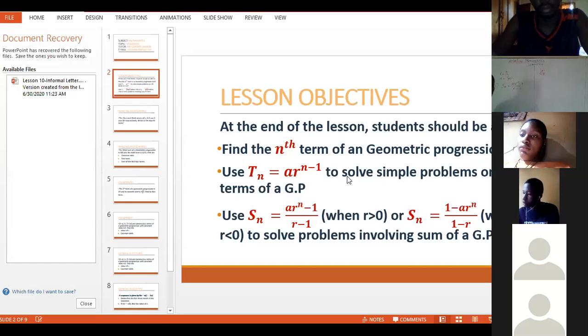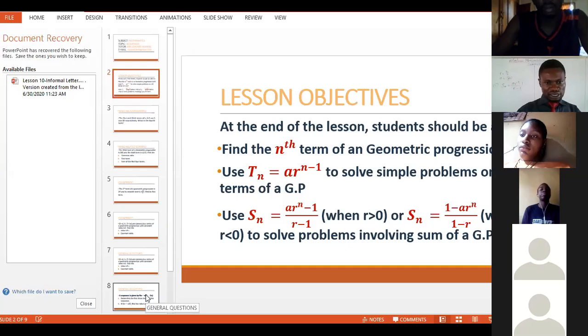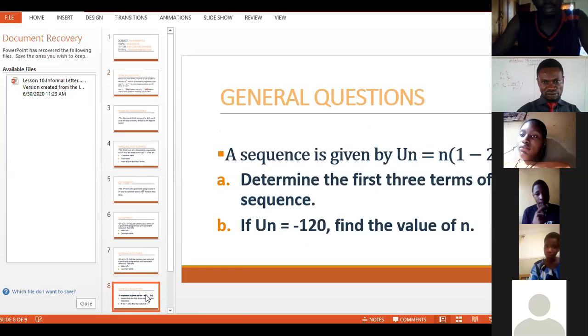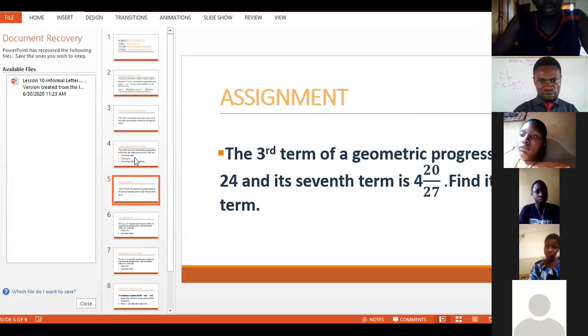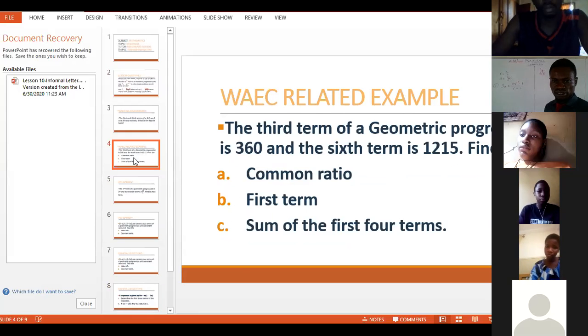And of course, let's go back to the question. Good, we're back to the question. It says find the sum of the first 4 terms, meaning n is 4.